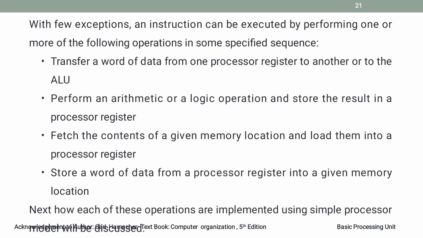That is communication between the different registers of the processor, then between processor register and memory, and next the ALU performing an arithmetic or logical operation. Then the result obtained by the ALU must be transferred to a register. These kinds of operations are needed by the different parts we mentioned in the processor model.